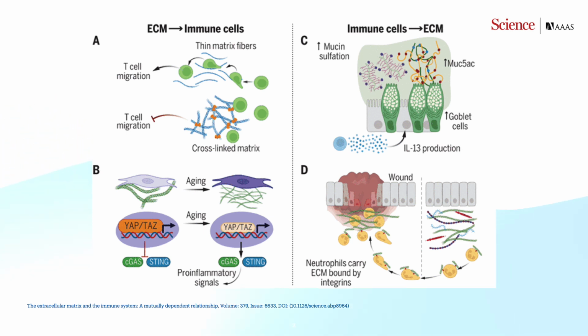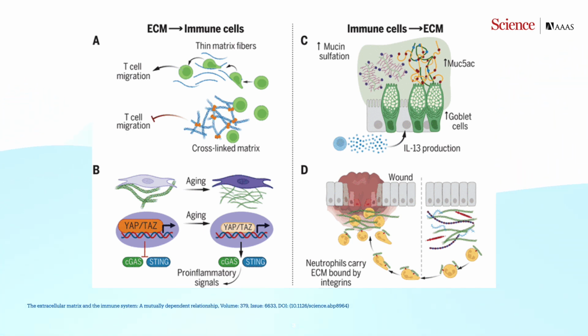In letter B, this is aging, which not only alters the mechanical properties of your ECM, which are sensed by the immune system, but also reduces your mechanosensors, those receptors that sense movement and downregulate pro-inflammatory pathways.